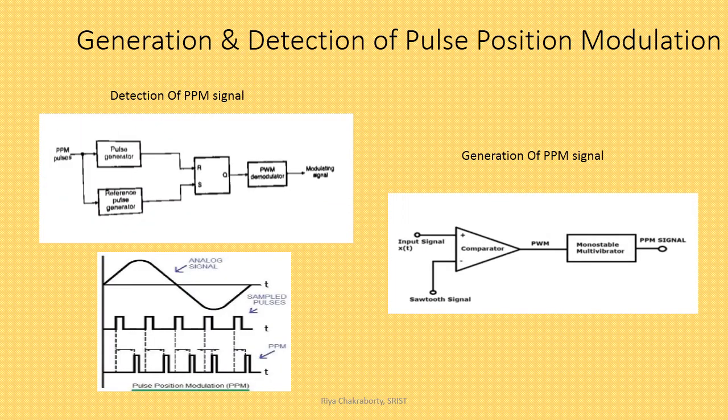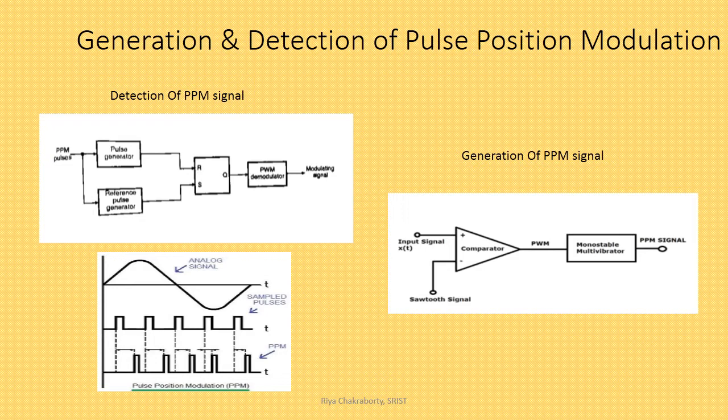Now, the next part is generation and detection of pulse position modulation. The PPM signal can be generated from the PWM signal as shown in the figure. The PWM pulses obtained at the comparator output are applied to a monostable multivibrator. Why? Because the monostable is negative edge triggered.